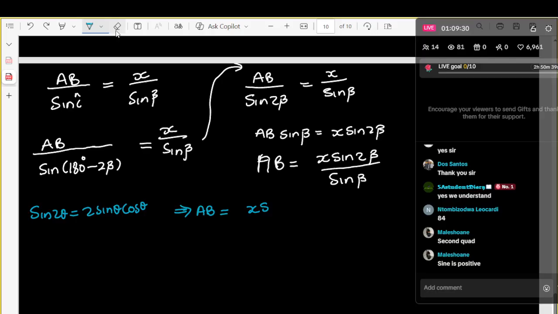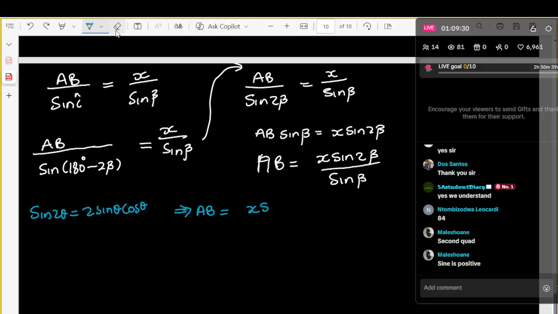So now, what is AB equals to if the sine beta cancels? So AB will be, let's call this 2x, the cos of beta. I think now this makes sense.